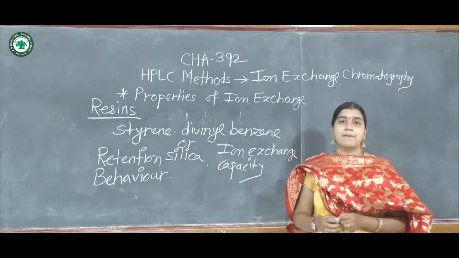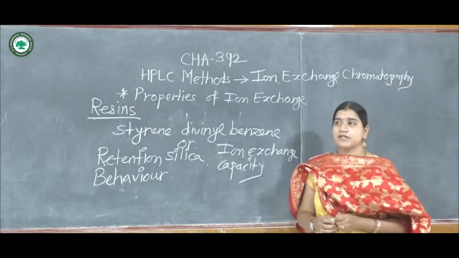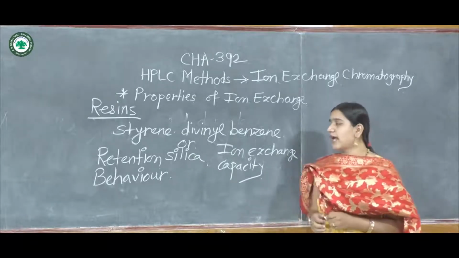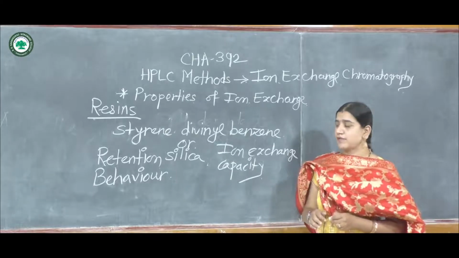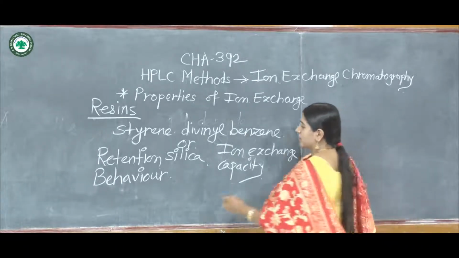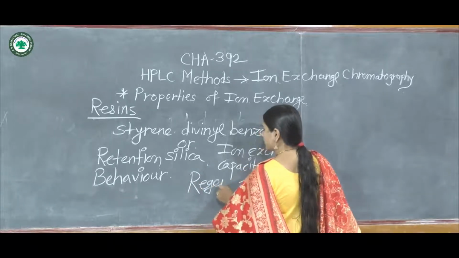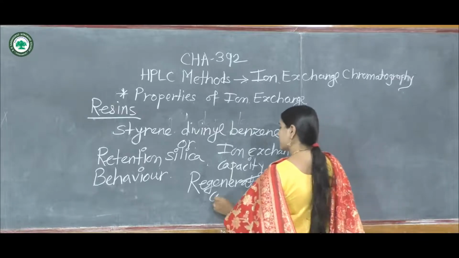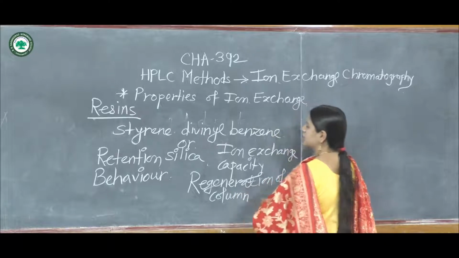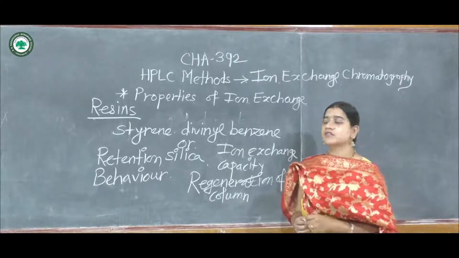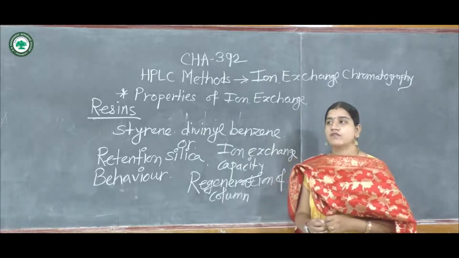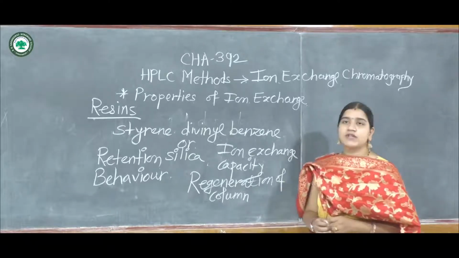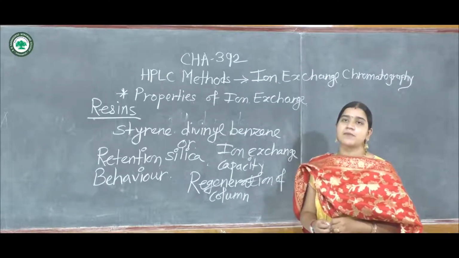So this is about the capacity, and ion exchange capacity plays a very important role, because during continuous use the ion exchange column is blocked after some days, and due to blocking, regeneration of the column is necessary. When any cation exchanger or anion exchanger is continuously used, then after frequent use, after some days, the ion exchange column loses its efficiency, or you can say that it cannot work at its 100% capacity.